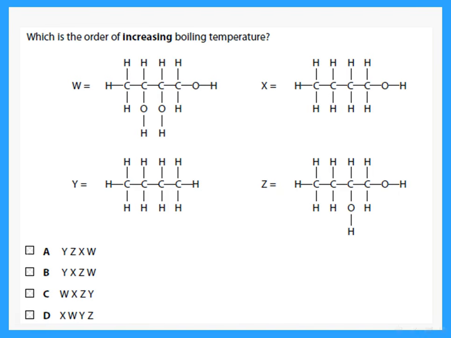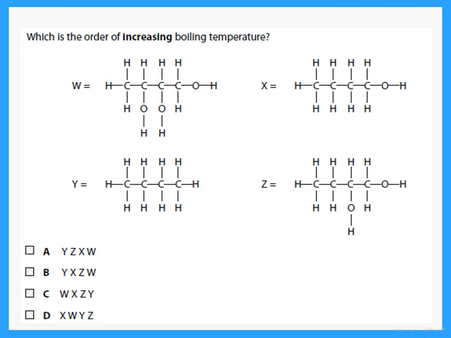Remember that each OH in a compound can do a hydrogen bond. The more the OHs, the more the hydrogen bonds. That means the stronger intermolecular forces, and that means the higher boiling temperature. So if we're putting them in order of increasing, that means I'm starting with the lowest and then the higher and higher and higher.